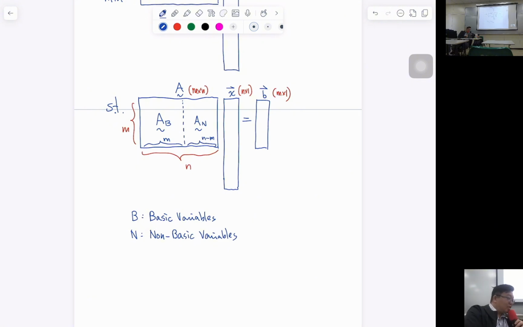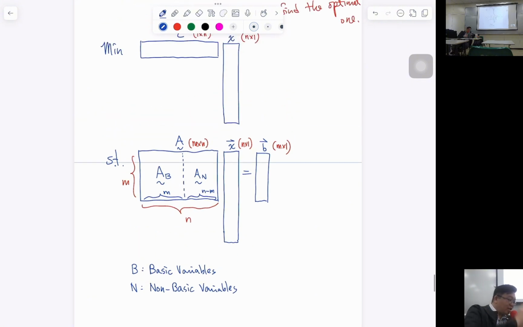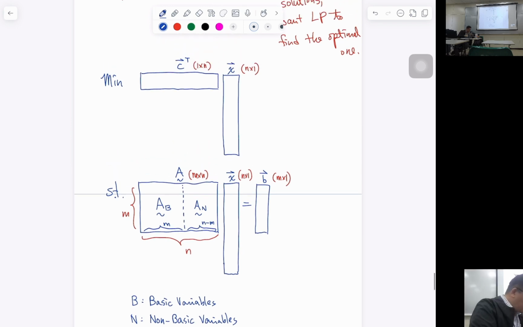When we do that, we actually apply the same concept to everything. We do this separation: here is going to be cB transpose, here will be cN transpose.